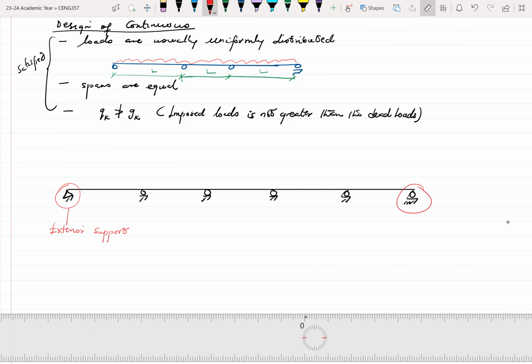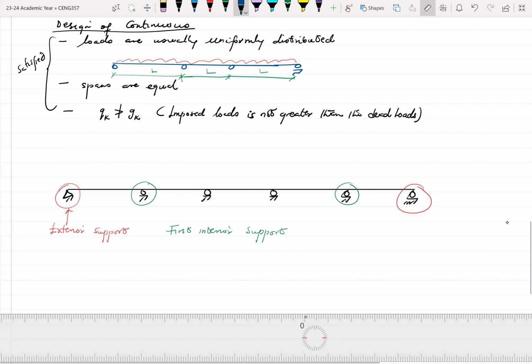Then these supports are what you call the first interior support. They're the supports you would meet right after the exterior support. The first interior support is the one right after. So there are two of them.